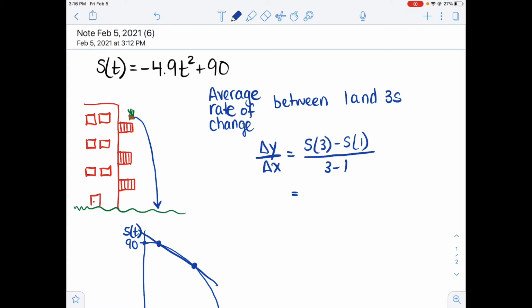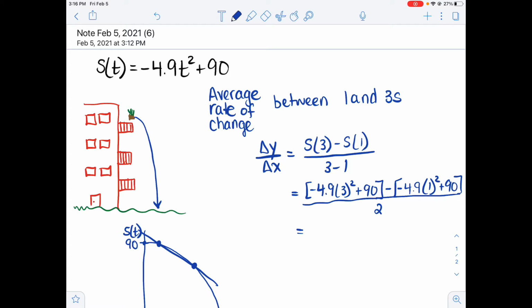So we need to find S of 3, which is when you're substituting 3 in for time: negative 4.9 times 3 squared plus 90, minus, then we're subbing 1 in, negative 4.9 times 1 squared plus 90. And we're dividing the whole thing by 3 minus 1, which is 2.